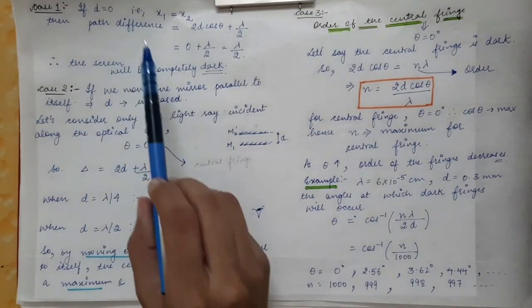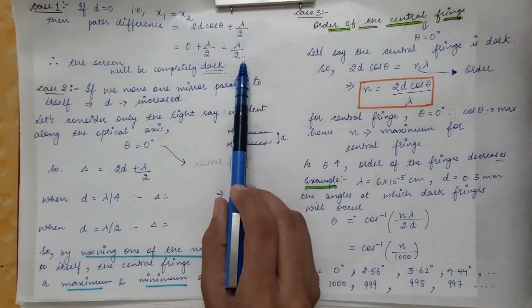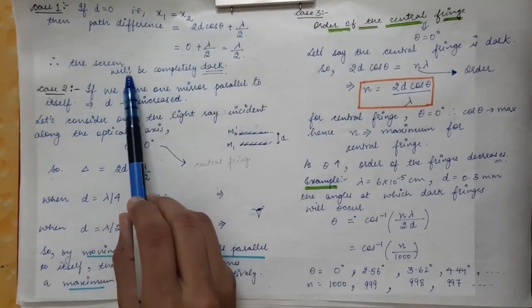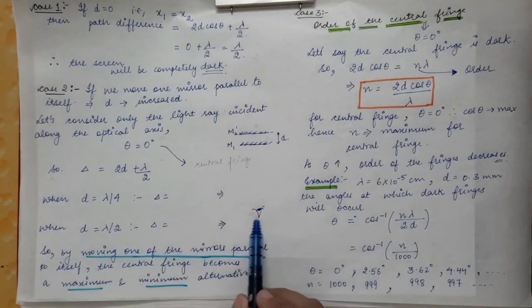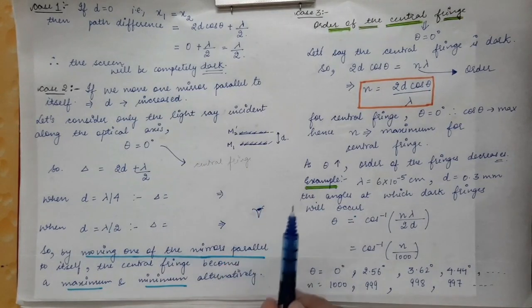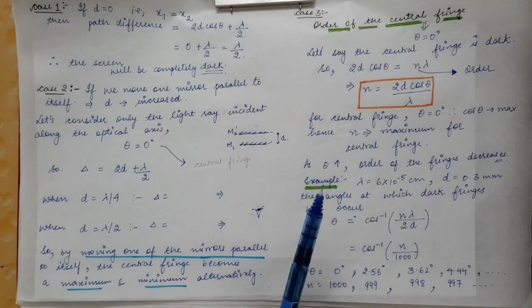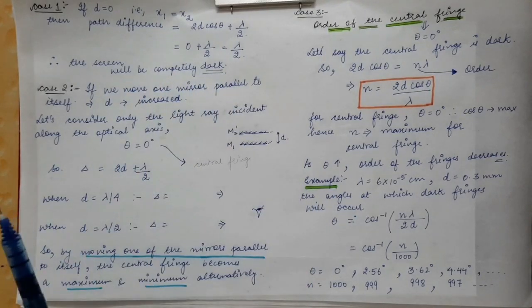In that case the path difference between the two interfering beams will be equal to lambda by 2 and it will not depend upon theta. So therefore the whole screen will appear dark. As seen from the downward direction, when you see the interfering beams, there will be no fringes present. The whole screen will be completely dark.